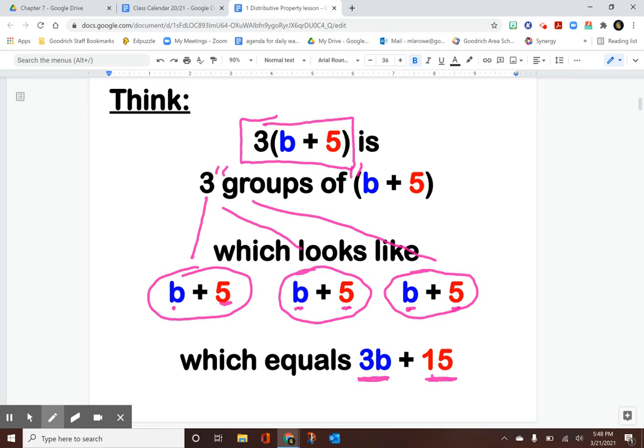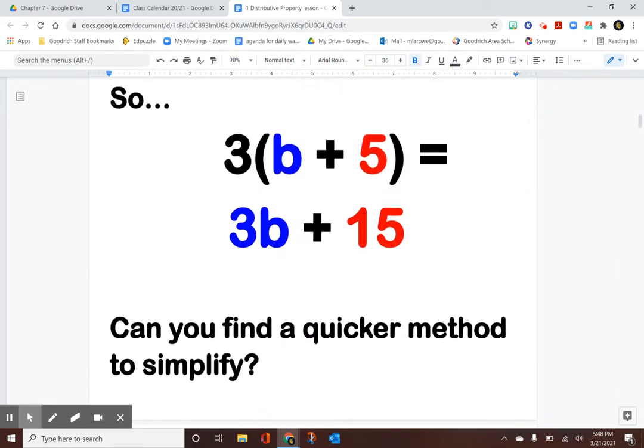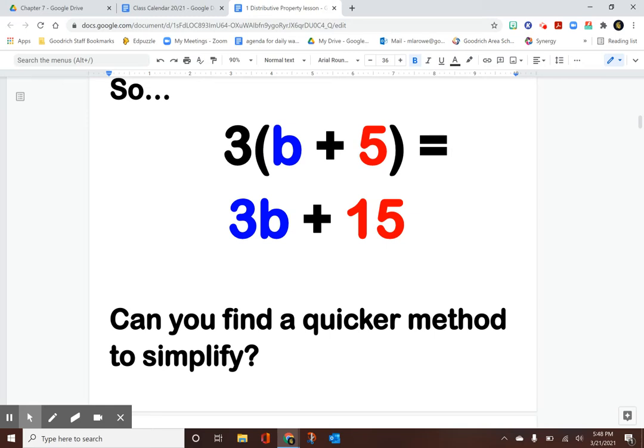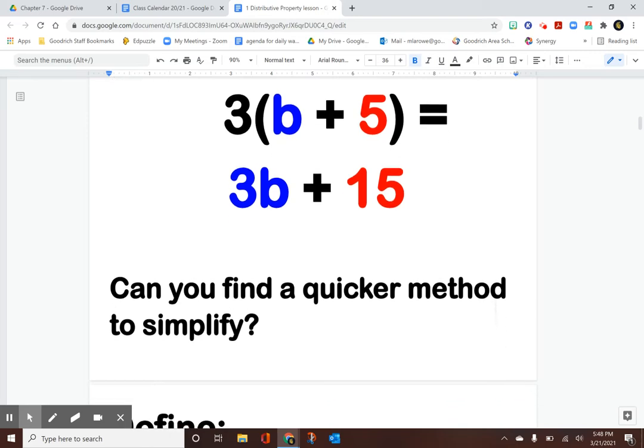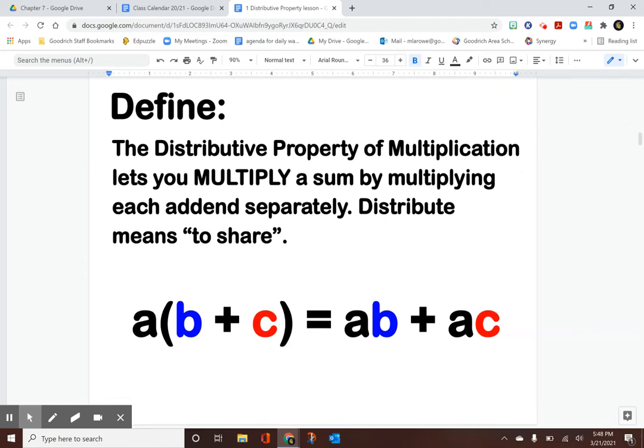So 3 groups of b plus 5 is really 3 b's plus 15. So if 3 groups of b plus 5 is really 3b plus 15, is there a quicker method to simplify? And there is. It's the distributive property.